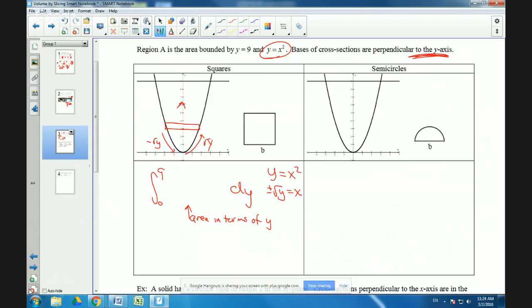So how tall is the base of my square? This is root y, and this is negative root y, so it'd be 2 root y's.